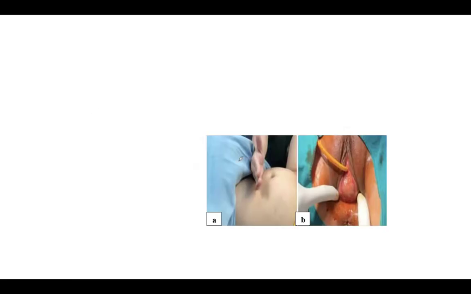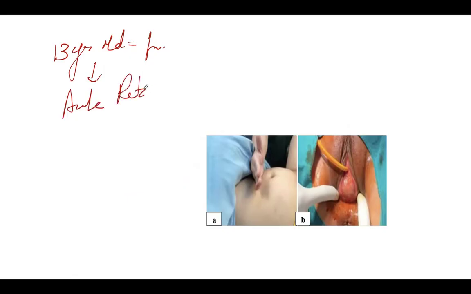Now, if you see this diagram, suppose sometimes this type of question has also been asked. They can give you the age of the patient as a 13-year-old female, okay, and she came to the OPD or emergency clinic with acute retention of urine.